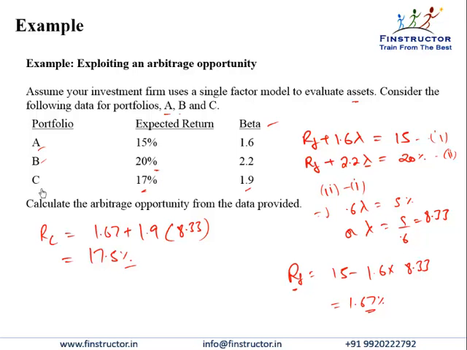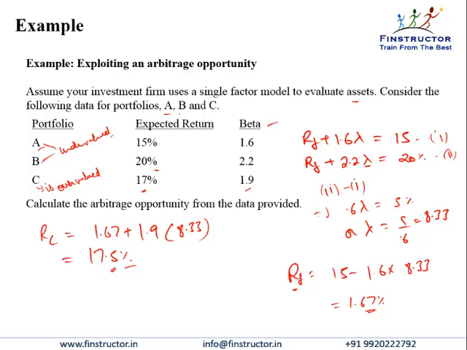So either C is overvalued, or if C is correctly valued, then A and B are undervalued, because either these are giving us lower return or C is giving us a correct return, or C is overvalued, that is the value or price of C should come down so as to give an expected return of 17.5%. Expected return is 17, rather the required return is 17.5%.